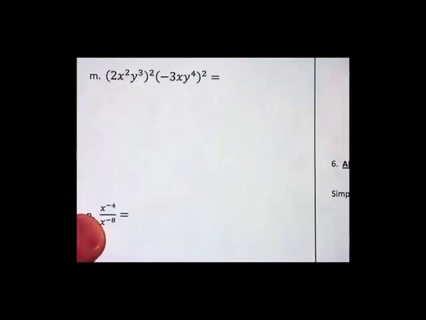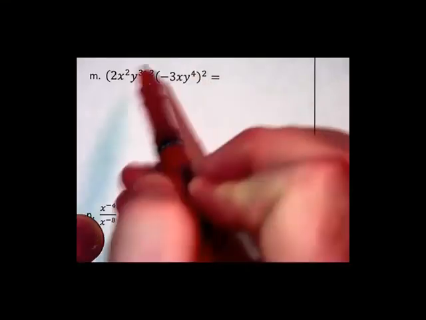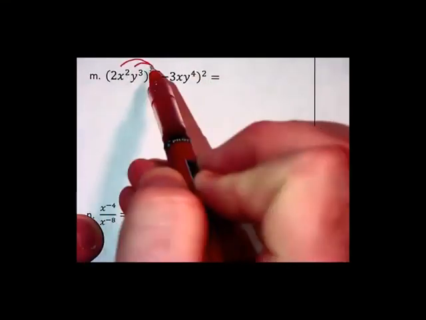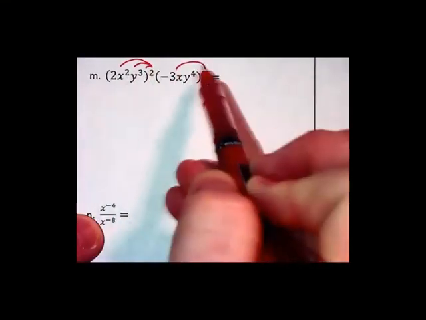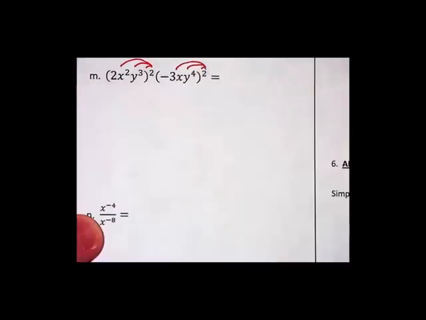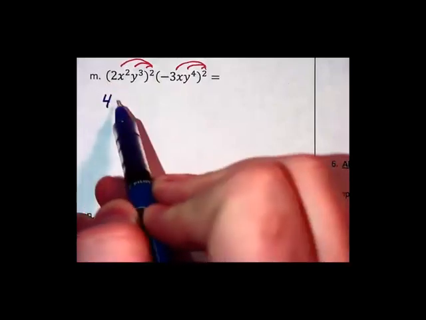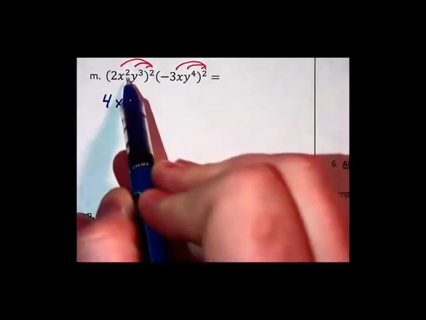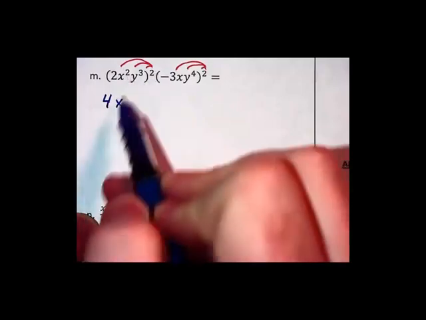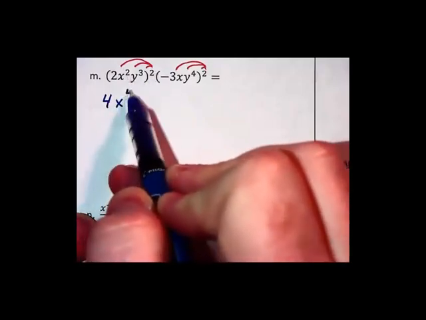For problem M, we're first going to deal with the outer exponents, showering them in. I like to use the word shower because this looks like a shower head spraying water into the parentheses. When we square this 2, 2 squared becomes 4. We get x to the 4th also, but this time it's 2 times 2 making the 4.